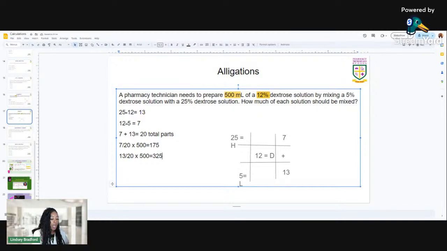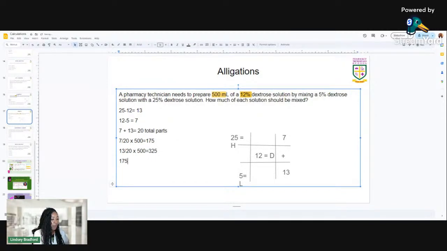It's because the answers that you have, 175 plus 325, should equal 500, which is the total amount that you're trying to make. So if your two answers do not equal the total amount that you're trying to make, you know you have done something wrong.